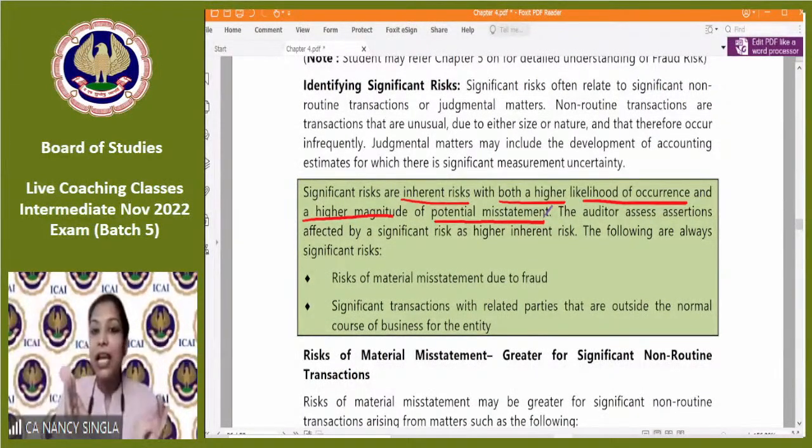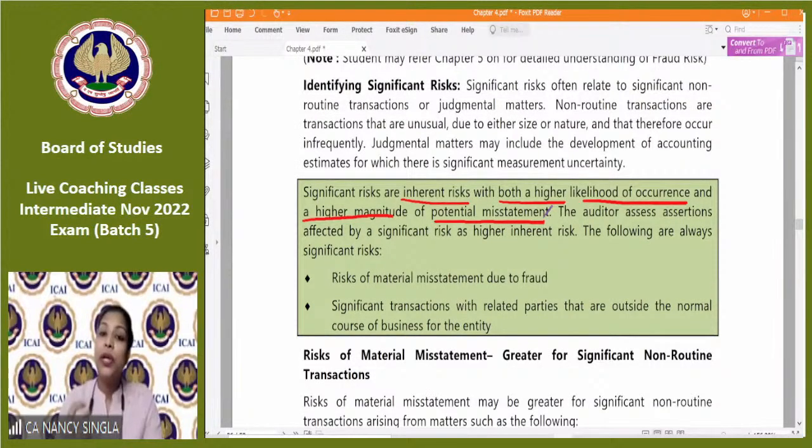But certain factors have been given in SA 315 when you are assessing whether a risk is significant or not. Students, you all have done the concept of materiality, SA 320, materiality in planning and performing an audit. So we as an auditor are concerned with what? Material things. So when the auditor needs to consider whether a risk is significant or not, there are certain factors which we'll be discussing just now.